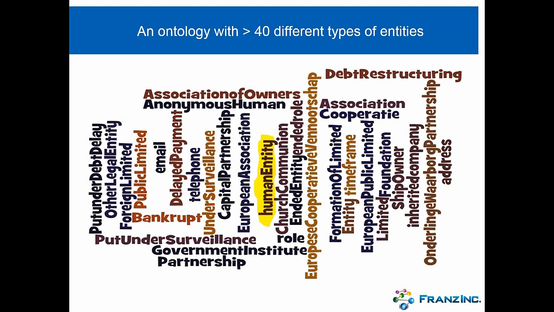Within that data set, we have about 5 million legal entities. About 3.2 million of them are human entities, and the rest are all other types of entities. I'm not even going through them, but you can imagine that you might have a foreign limited company or a government institute or a European cooperative LLC, etc. So many types of companies.